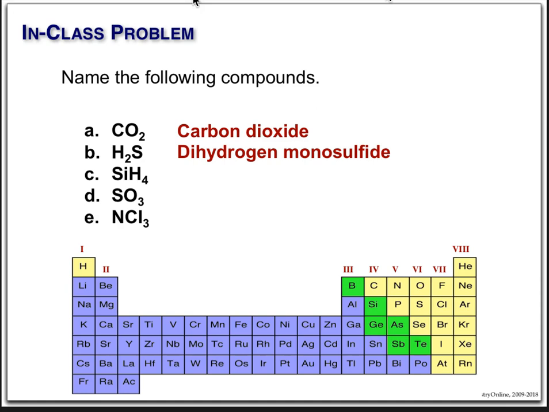So silicon tetrahydride. Sulfur and 3 oxides. Sulfur trioxide. Nitrogen and 3 chlorides, nitrogen trichloride.